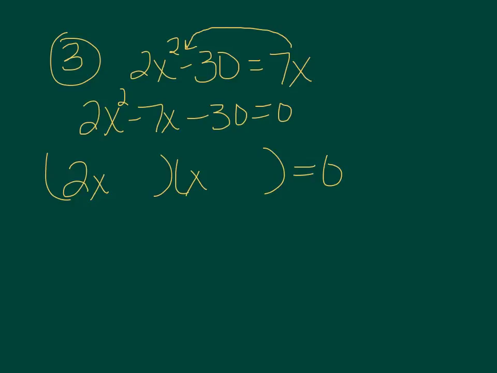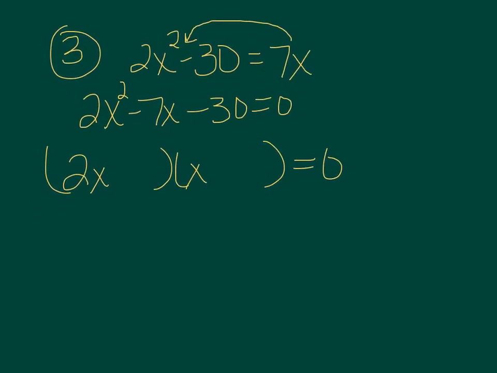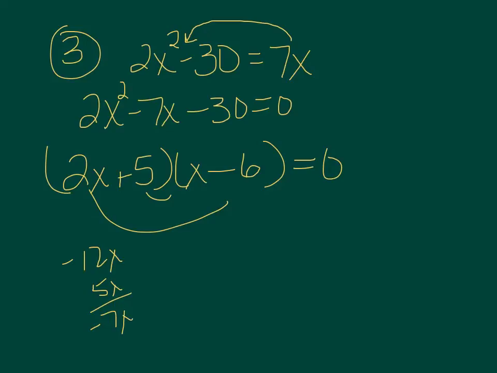Okay, I'm going to try 5 and 6. Now one has to be negative. Okay, so that's negative 12x, 5x, negative 7x. That's what I want. Okay, so I know I have those. Now I'm going to split my two parentheses up.